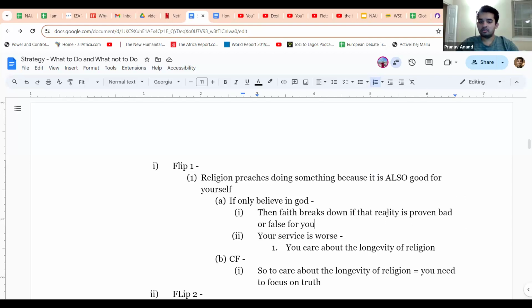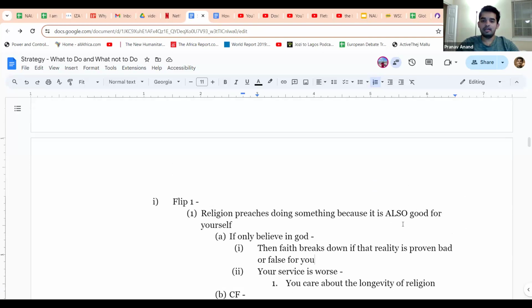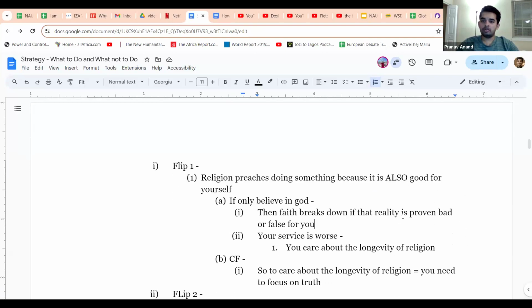So the way I've understood it is basically if all you have is just God and God's faith to go on, then in many instances, if a specific reality is proven bad or is false, that breaks down.